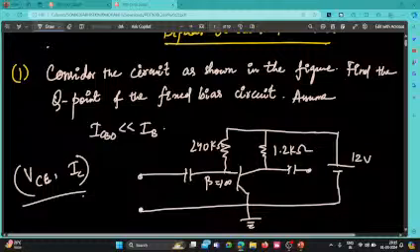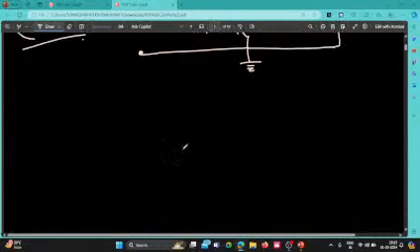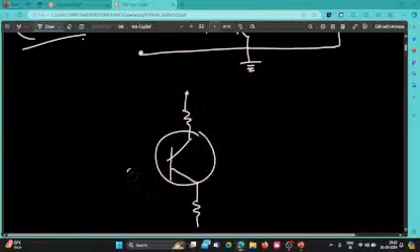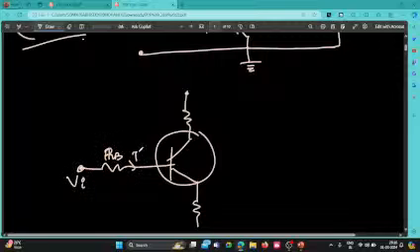Okay, how to solve this question now? See, in a BJT, the circuit is usually like this. This is your IB, this is a RB, right? This is a V input here, and this is a IB. This is your collector current IC. This is your RC, that is your collector resistance.